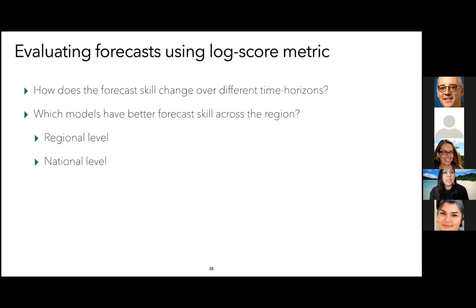So we used the log score to look at how the forecasting skill changes across horizon times for different models, and really thinking about which models forecast better across the region, thinking mostly at the regional level and the national level.